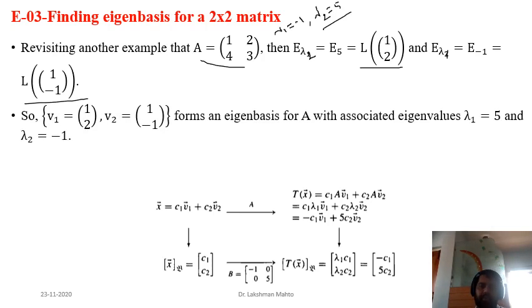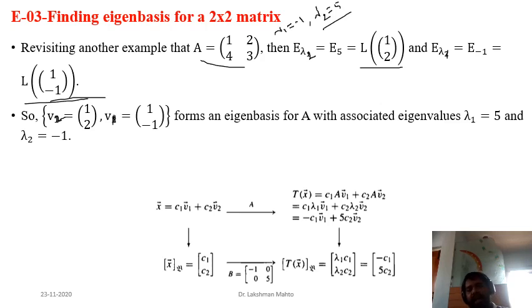Okay, so we observe that it is a 2 by 2 matrix, and we already have two eigenvectors: one is 1 2, and the second is 1 -1. You can call this one v2 and this one v1. If you change the order, it won't affect much.